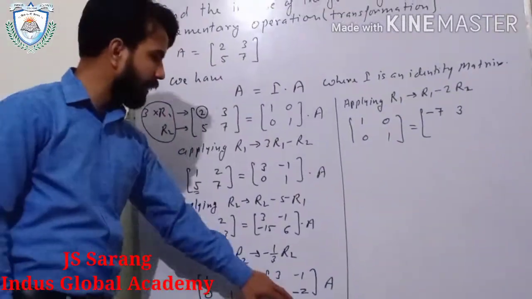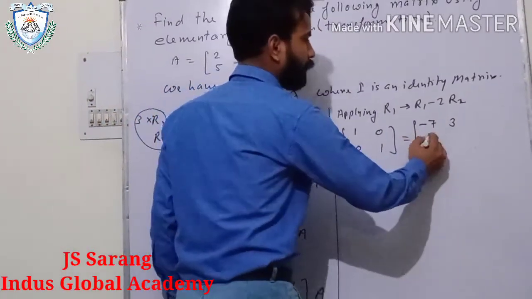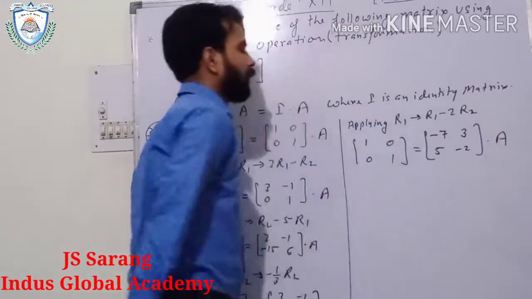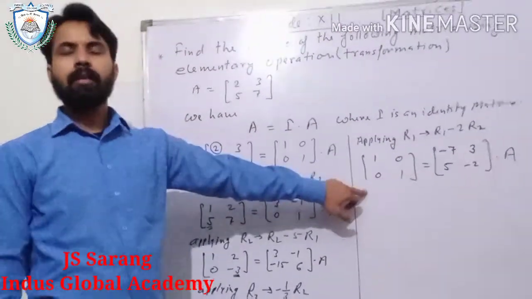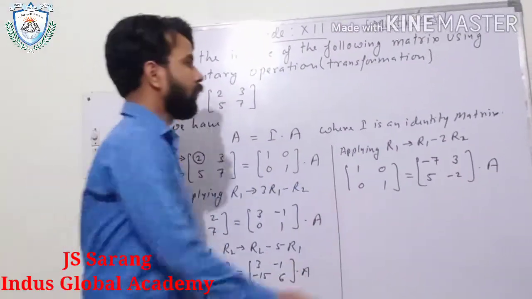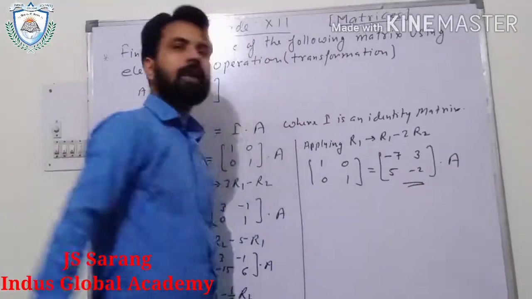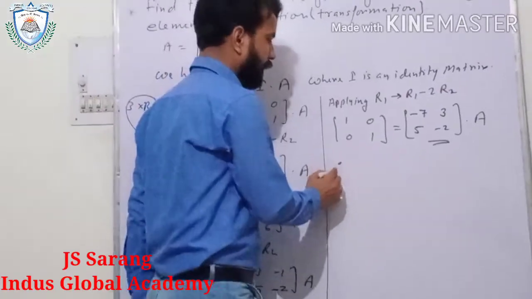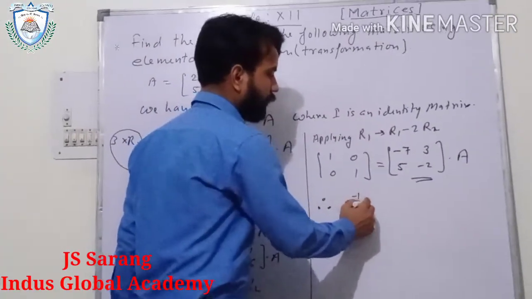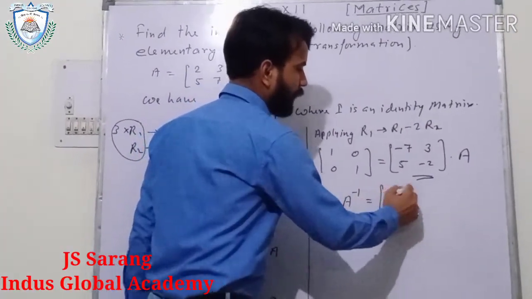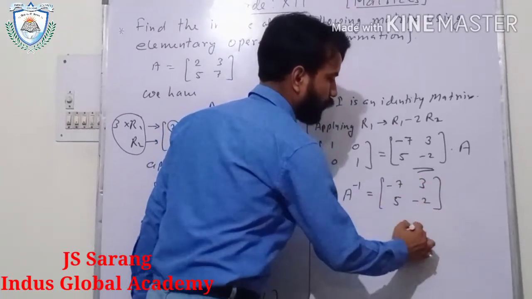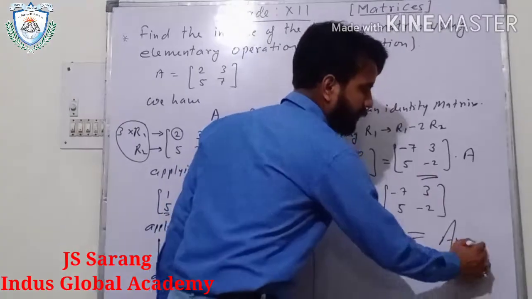And 5, minus 2 will remain the same, into A. Now this matrix is an identity matrix, so this matrix is known as the inverse of A. Hence we can say that A inverse equals [minus 7, 3; 5, minus 2]. So this is our answer.